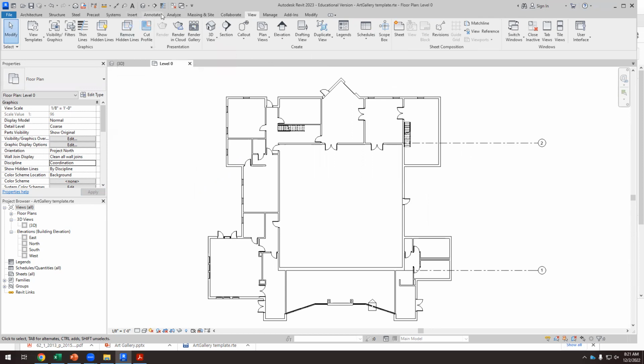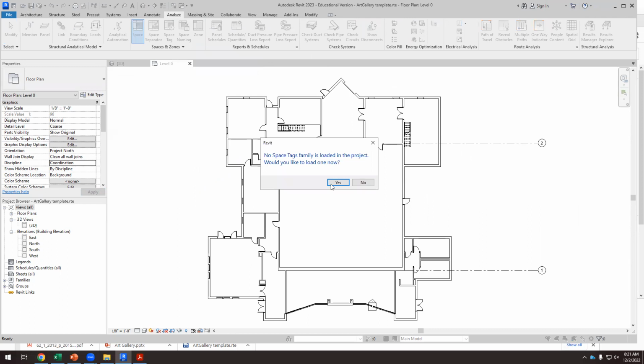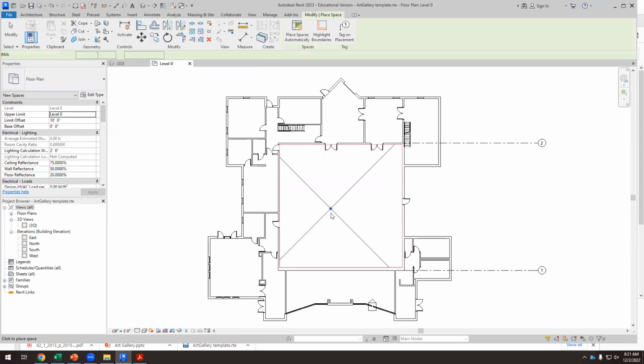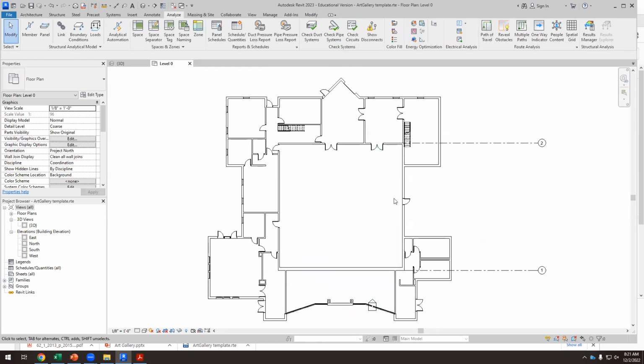There's something that you can do. You can analyze and you can insert spaces. Okay, so if you insert a space here, now if we want to see that space, that's the art gallery, and that will be the lobby. Okay. The space is there.